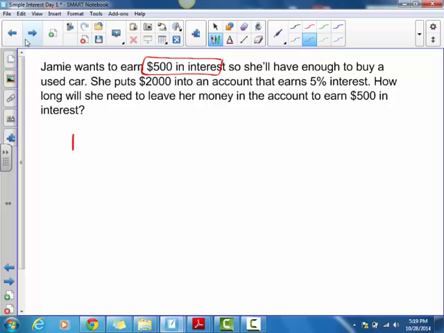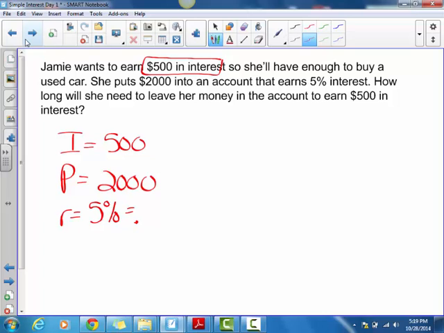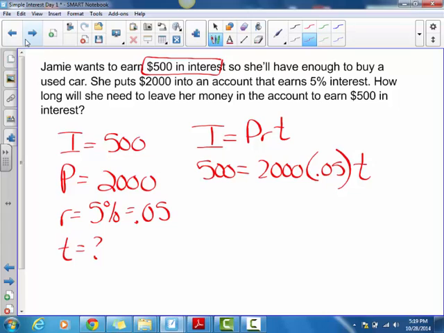Jamie wants to earn $500 in interest. I equals 500. So she'll have enough to buy a used car. She puts $2,000 into an account that earns 5% interest. So her principal is 2,000 and her interest rate 5%, as a decimal 0.05, multiplied by t. 500 equals 100t.